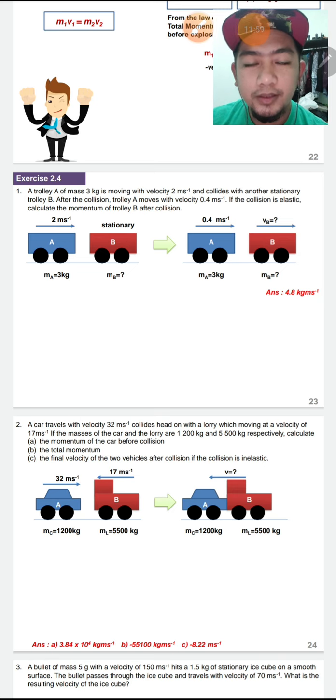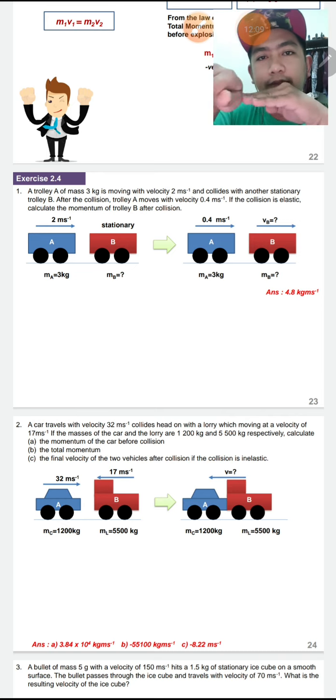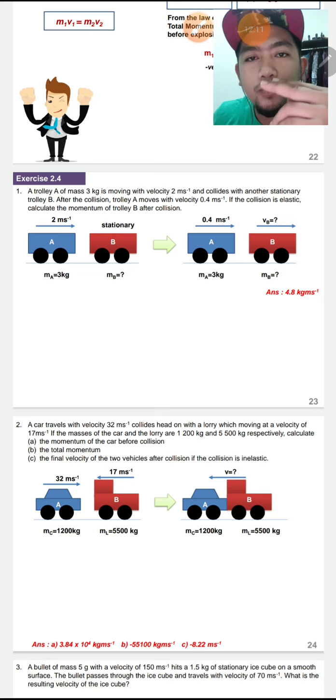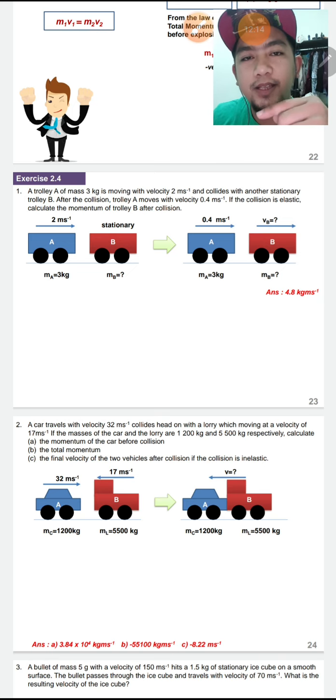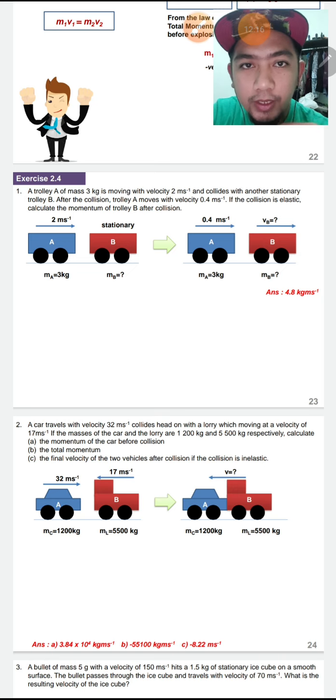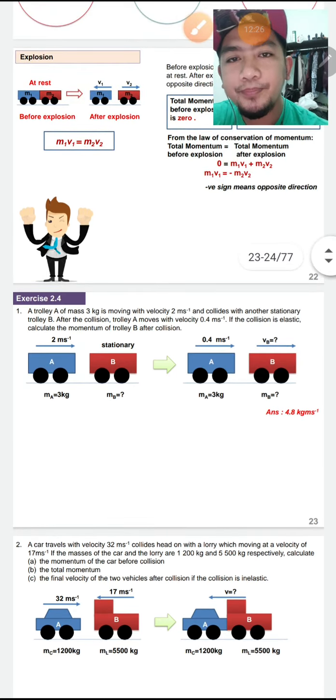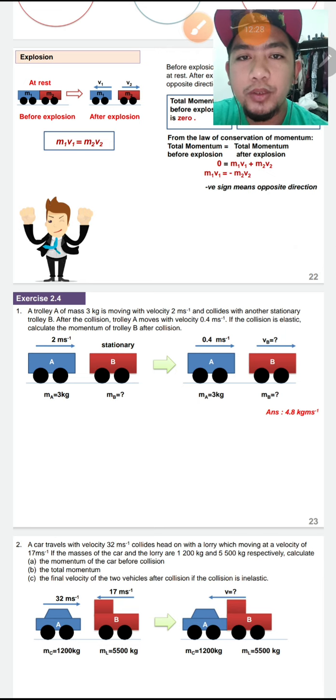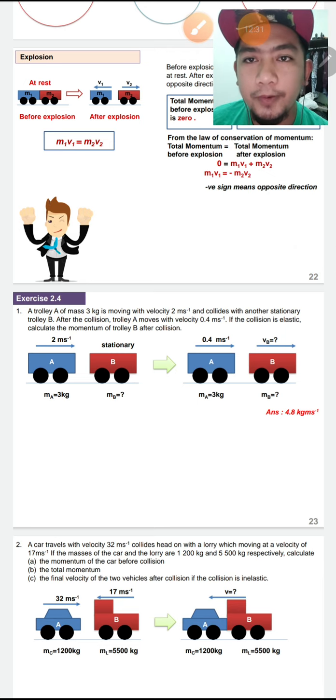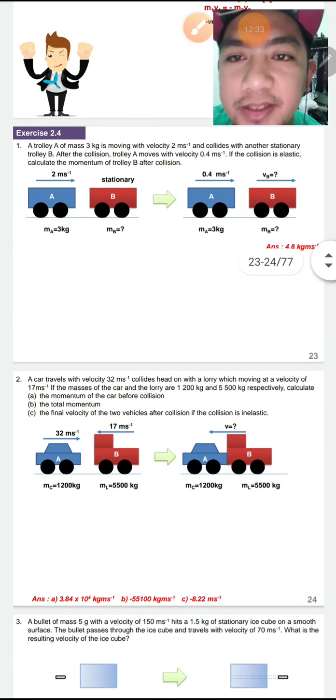For inelastic collision, which means moving together, stuck together, the formula is m1 u1 plus m2 u2 equal to m1 plus m2 times v. And for explosion, m1 v1 equal to negative m2 v2. So let's check the exercise.